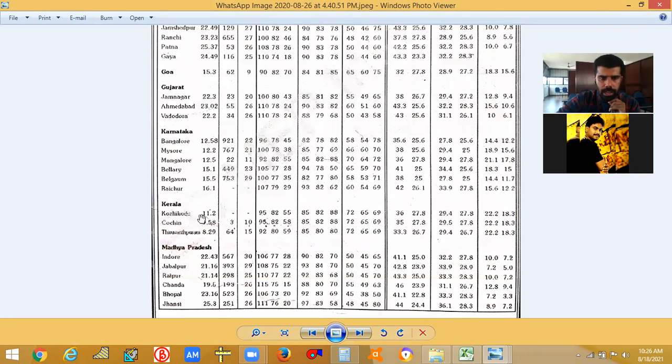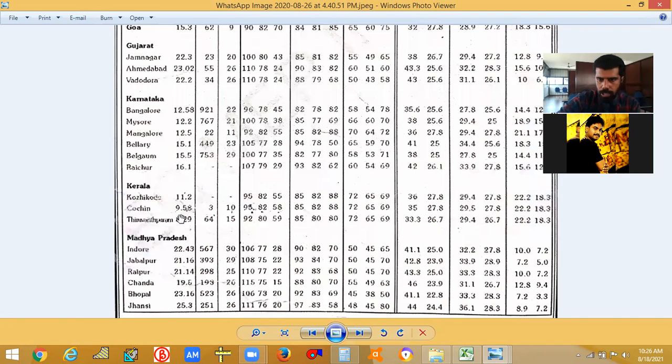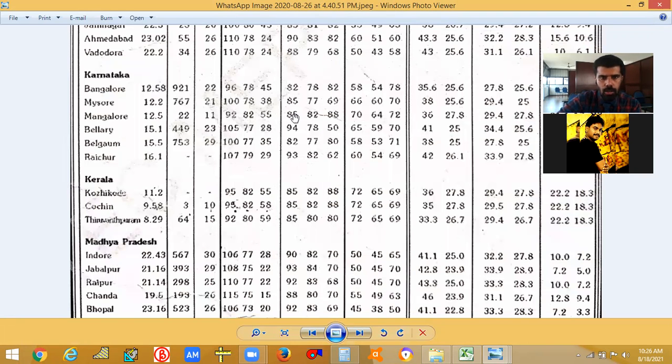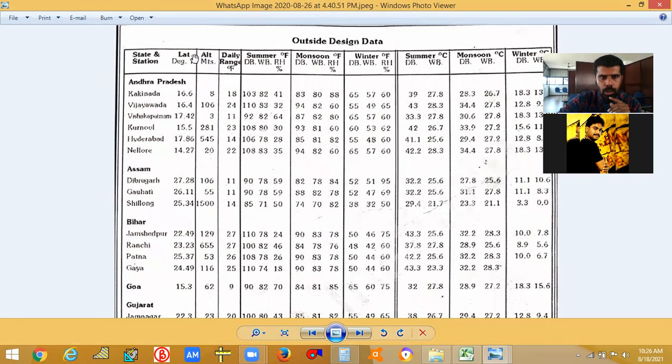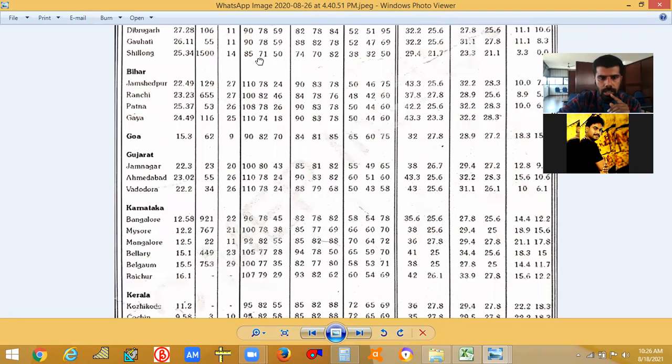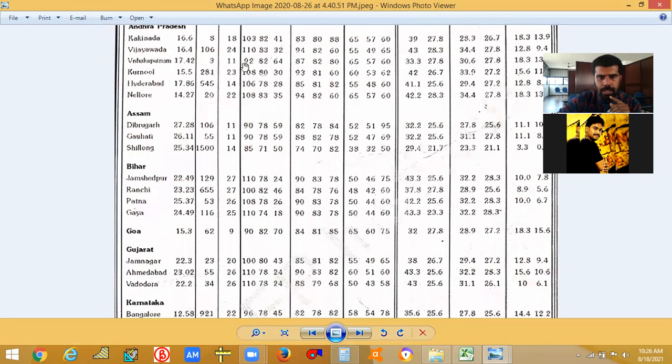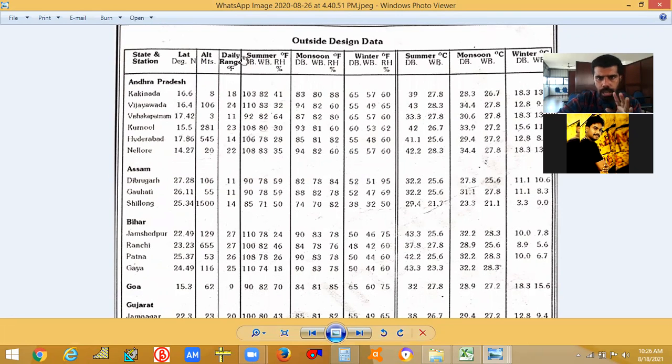It is Kerala, and it is Kochi. So my location is Kochi. In that, all the values are given. Latitude is given, altitude, daily range is given. Summer condition is given, so we are dealing with summer.